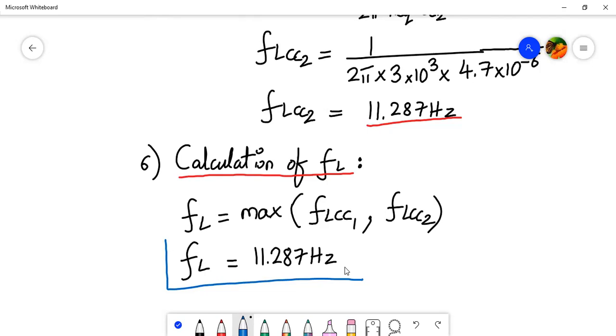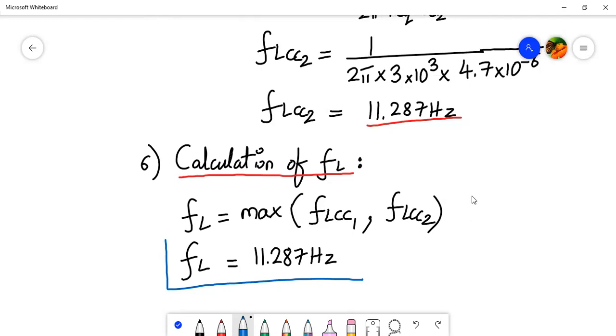Okay, so FL value is coming out to be 11.287. This thing is a little bit stuck. So just wait until it's responding again. So we have calculated the lower cutoff frequency of the amplifier in the form of FL. Okay, FL is the lower cutoff frequency.